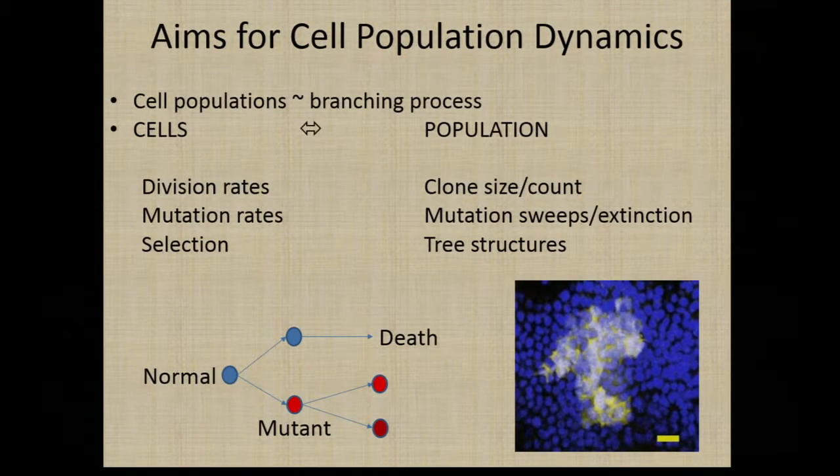And then in terms of the population, we're interested in things like the size of the clones that we're getting, the tree structures that we've heard people talking about, and we've seen from Sorab some of these mutation sweeps that occur. So these are macroscopic things, and these are microscopic things. In terms of population dynamics, it would be nice to be able to join these two things together. That's the holy grail.